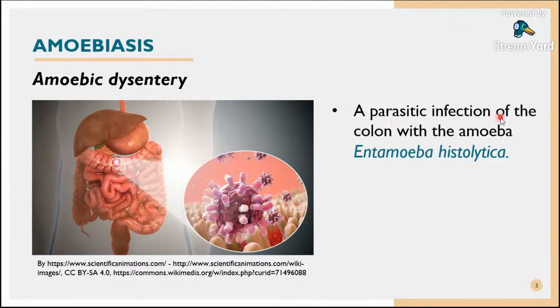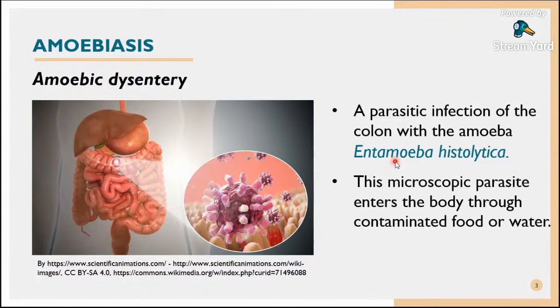A parasitic infection of the colon or intestine with Entamoeba histolytica is called amoebiasis, or amoebic dysentery, because when there is infection of amoeba, there is frequent discharge of fecal matter, that is, diarrhea and dysentery occur. That's why the dysentery produced by the infection of amoeba is called amoebic dysentery.